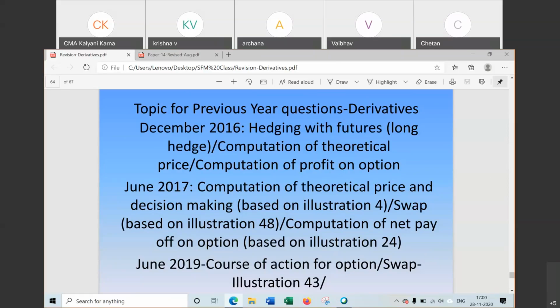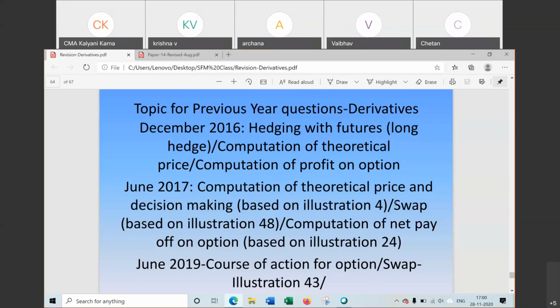Next one, June 2017. Computation of theoretical price. Again, theoretical price. Decision making, that is when actual future price and theoretical price differ, based on illustration 4. So theoretical question based on illustration 4.